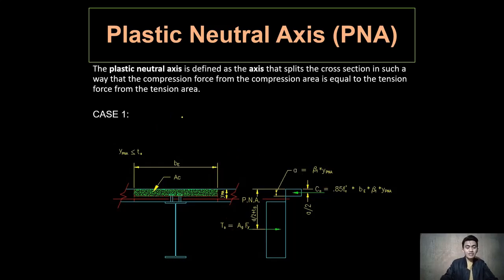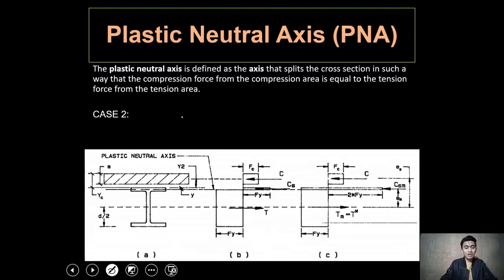How about, say for example, case number 2? Observe now our diagram here. As you can see, the plastic neutral axis is located on the steel section, specifically on the flange of our I-beam. So how are we going to represent this one?